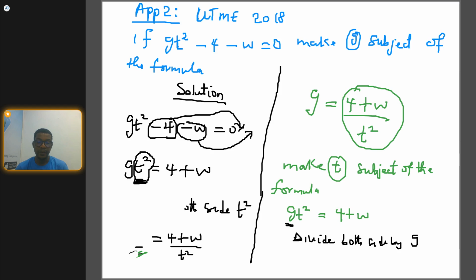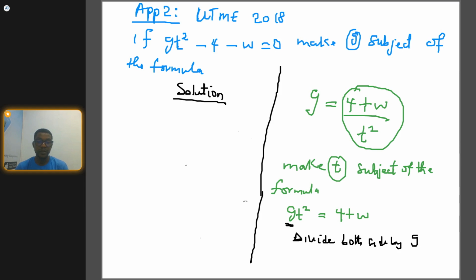Okay. So we are dividing both sides by letter G. We are going to have the next expression, which I'm going to be writing now. Okay, so let's proceed. Dividing both sides by letter G, we're going to have GT squared over G equals 4 plus W over G. All right.